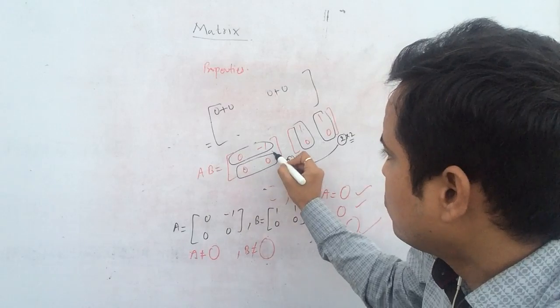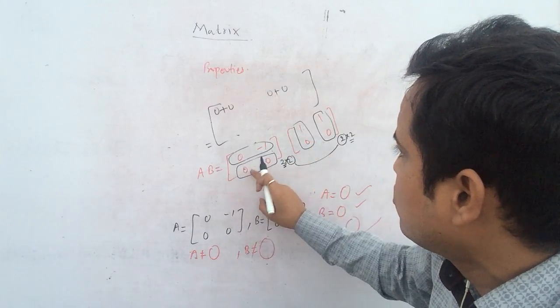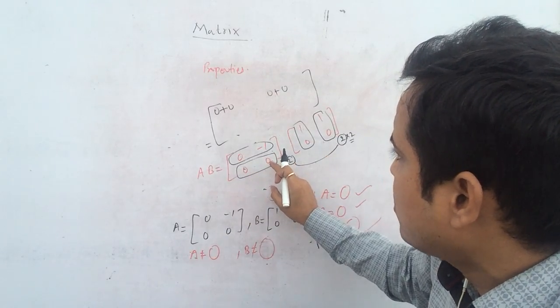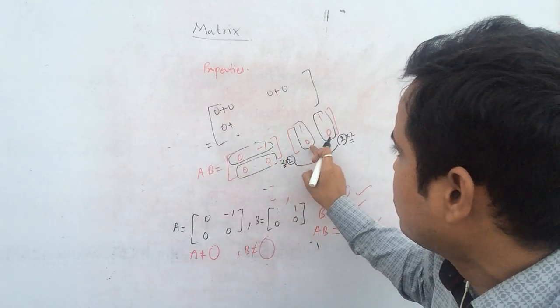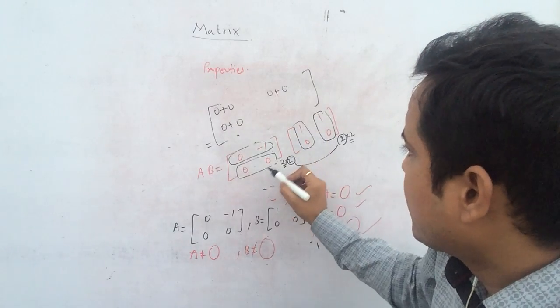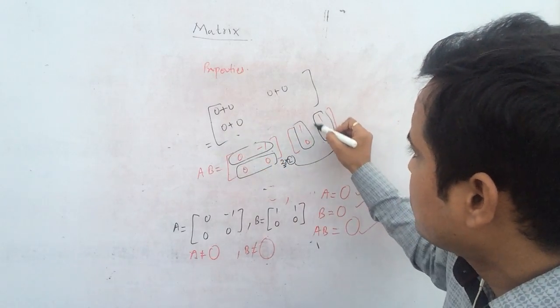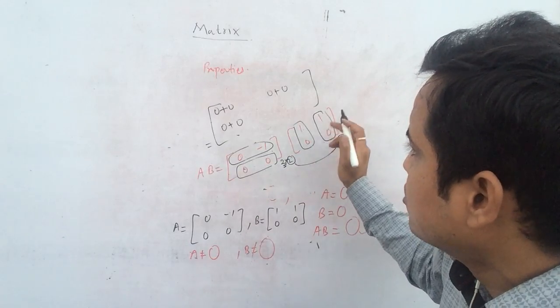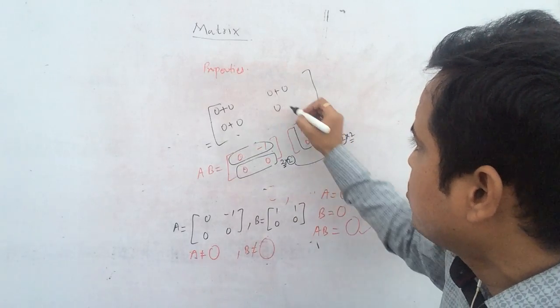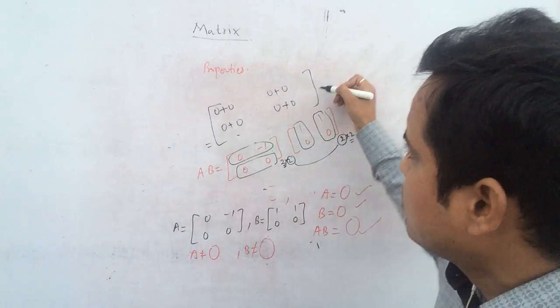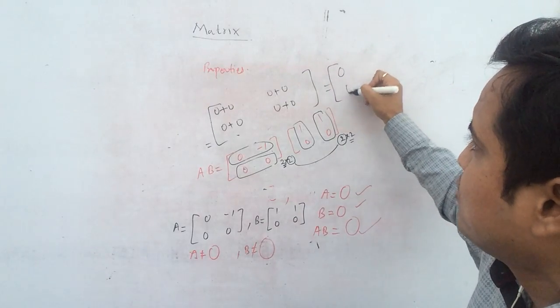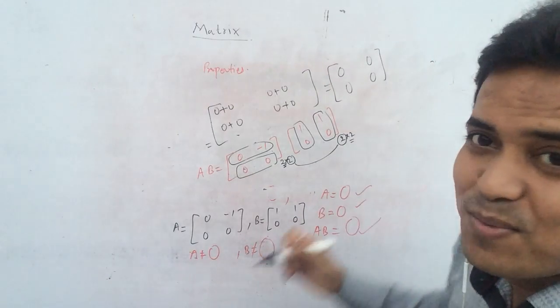Row 2 will multiply with column first. 0 into 1 0 plus 0 into 0 0. Again row 2 will multiply with column second, it would be 0 into 1 0, and 0 into 0 it is 0. Okay, so in this case we see here that 0 0 0 0, and this is 0 matrix.